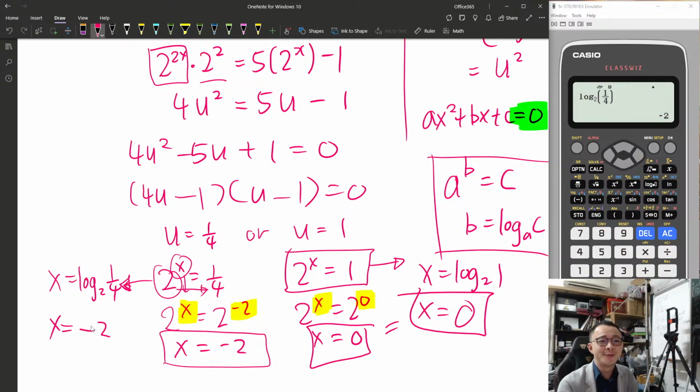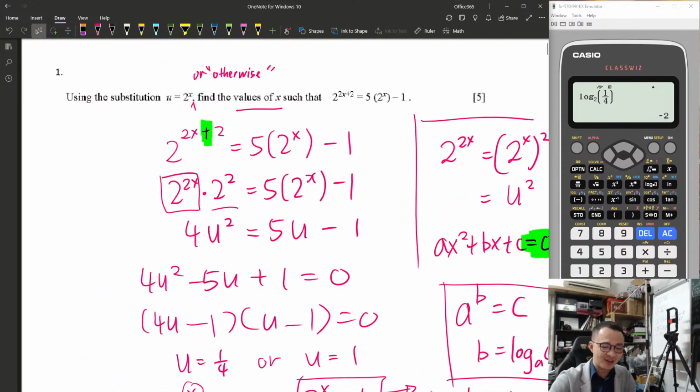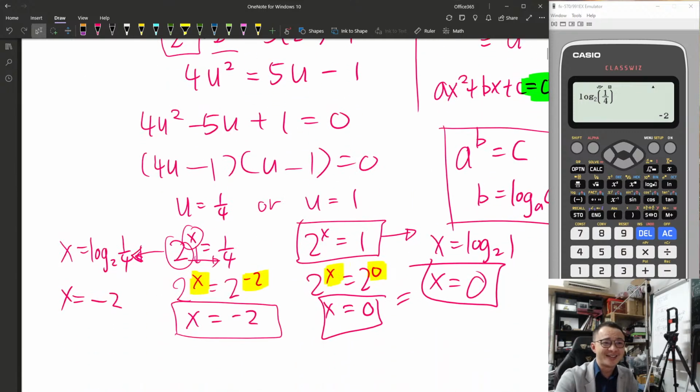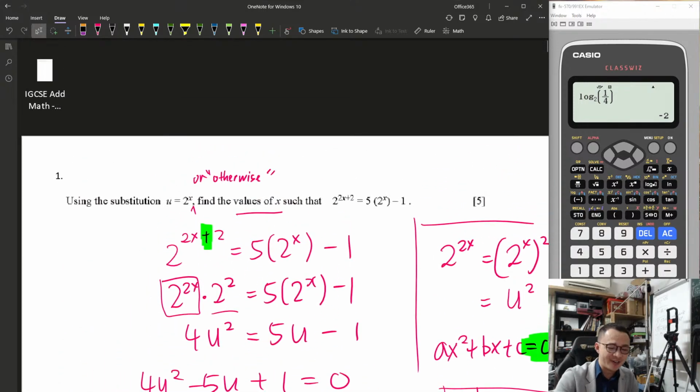Okay, this is how we solve this kind of question. If you have the same model of calculator as mine, I want you to do one extra step for this 5-mark question, which is to use the calculator to check your answer. We have two x answers, right? One is negative 2, another one is 0.